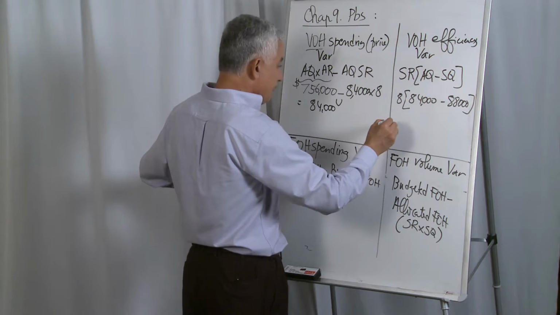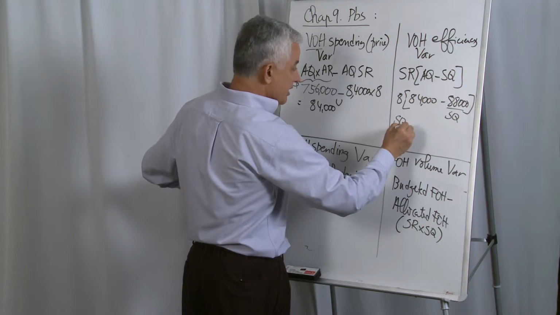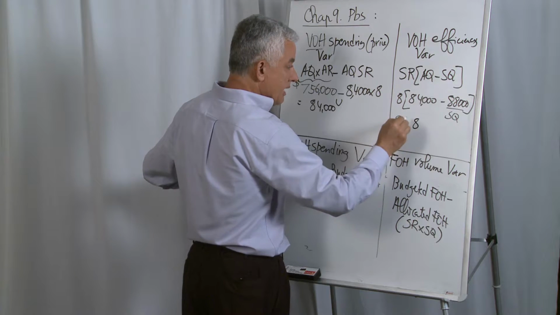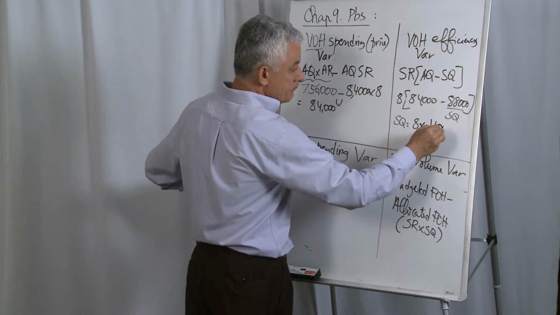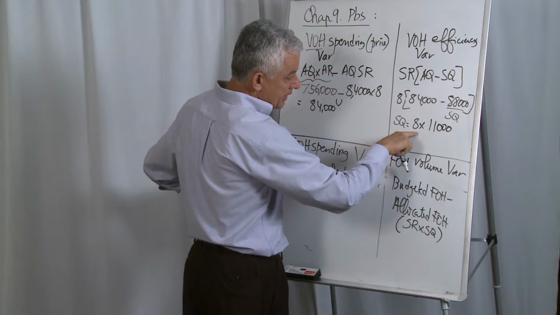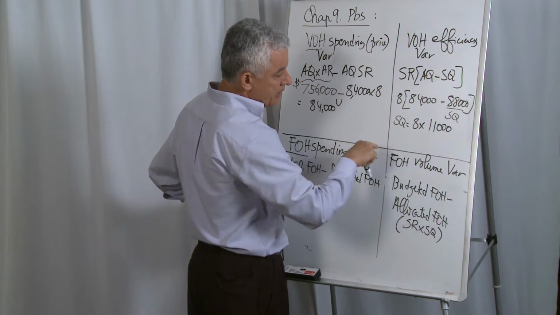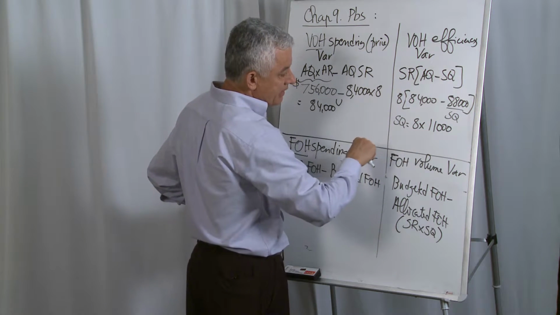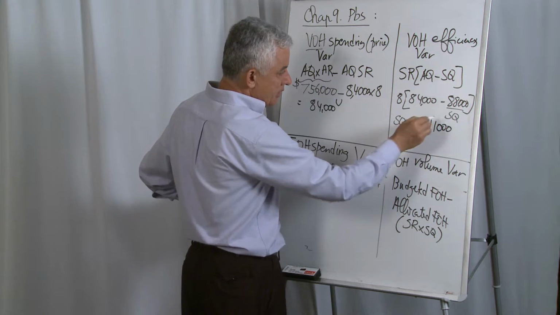The standard quantity is 8 labor hours per unit times 11,000, which is the actual output. So 8 direct labor hours are allowed for each unit of output. Given that our actual output is 11,000, the standard quantity allowed for that actual output is 88,000.